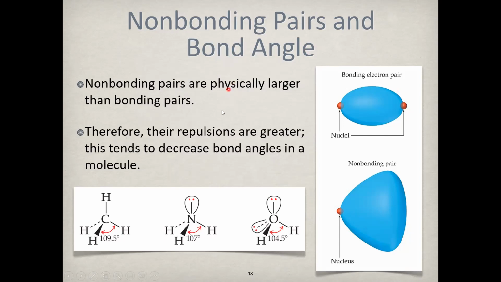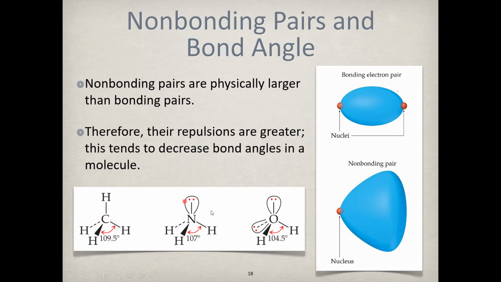And then when we look at the shapes here, the bond angles, in a tetrahedral, we're going to have 109.5 degrees, because that's going to be the angle at which all of these can spread out as much as possible. All four of these can be 109.5 degrees.